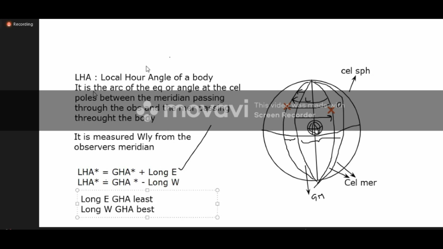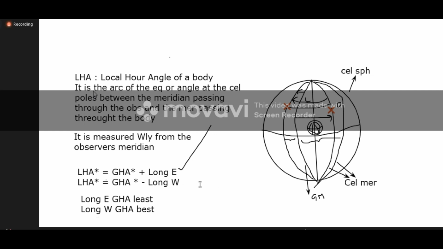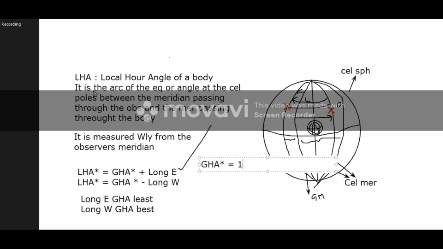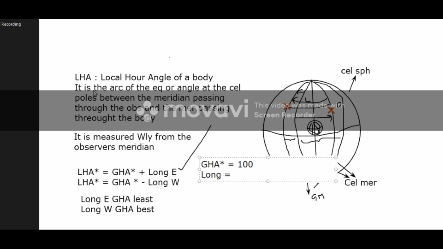So that automatically I know that if suppose GHA star is equal to 100 degrees and longitude is equal to 40 degrees east, then LHA star is equal to 140 degrees.